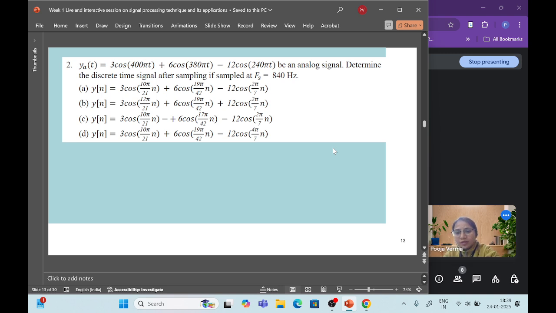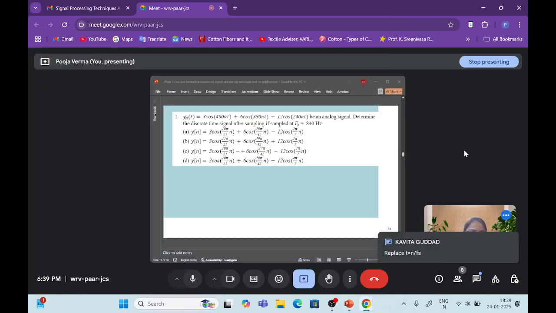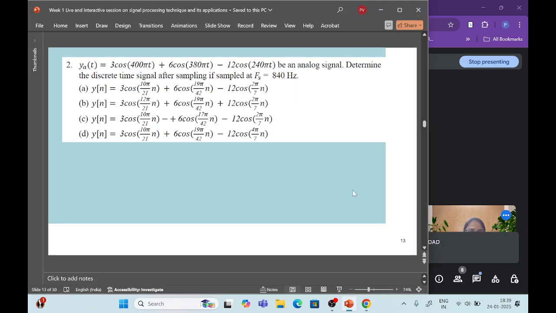Okay, so let's solve this question. Yes, right, right. Yeah, everywhere in place of t. So the analog signal is y a of t.